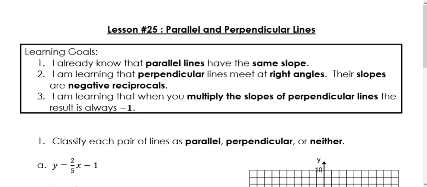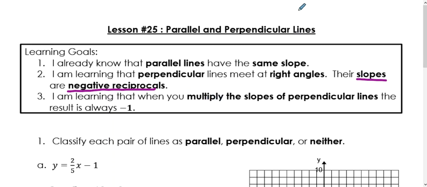What we're going to look at today is that perpendicular lines meet at right angles. And I think we feel really good about that, because picture-wise we can see that they meet at 90 degrees. One of the things we're going to look at is what it means to have negative reciprocals. We talked about reciprocals when we were dividing by fractions.